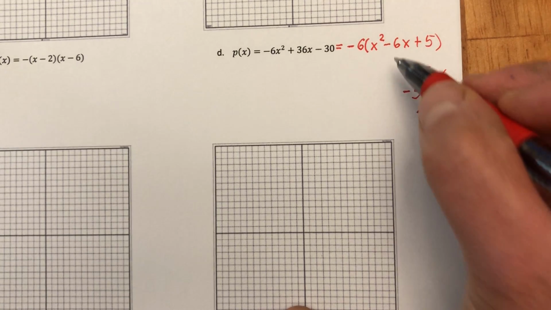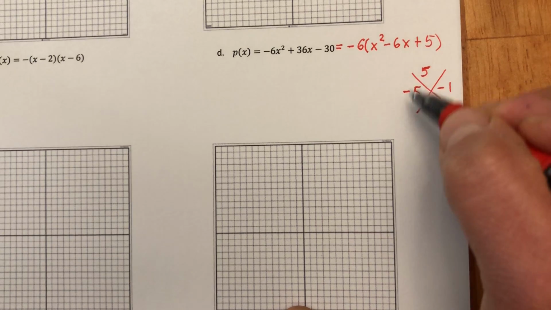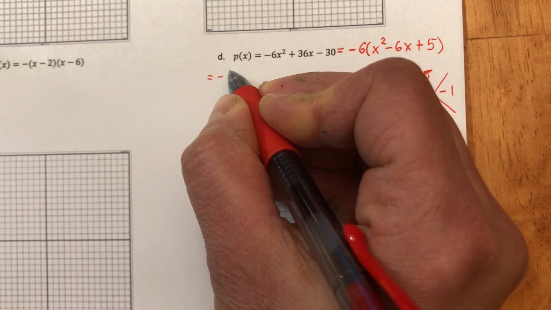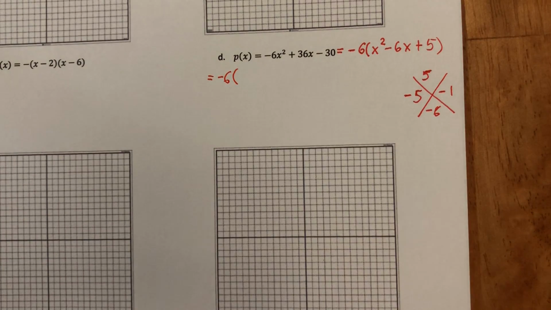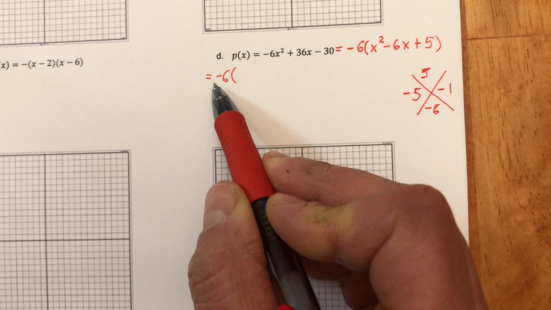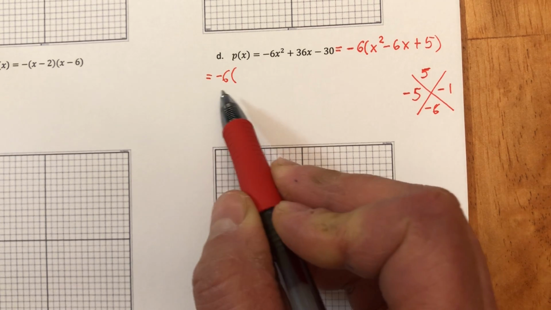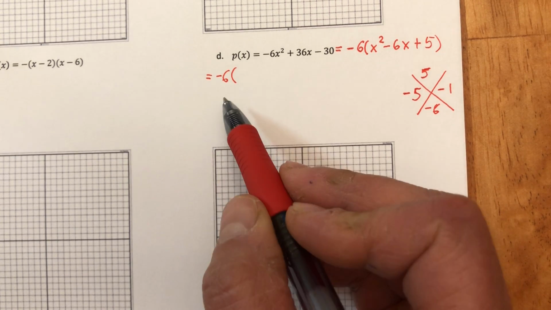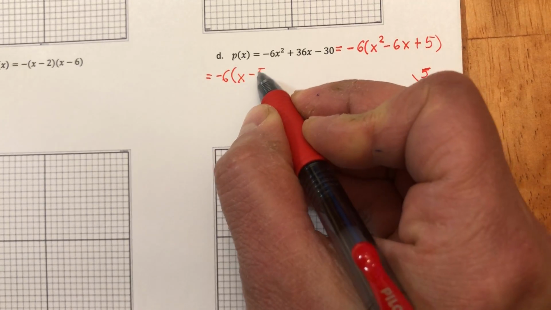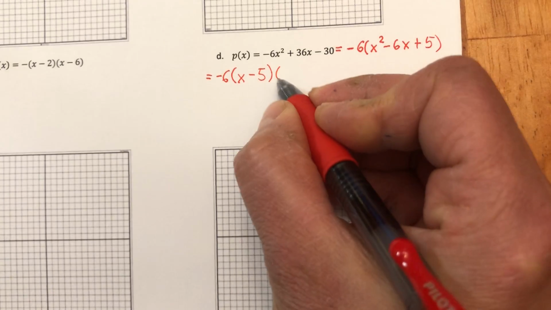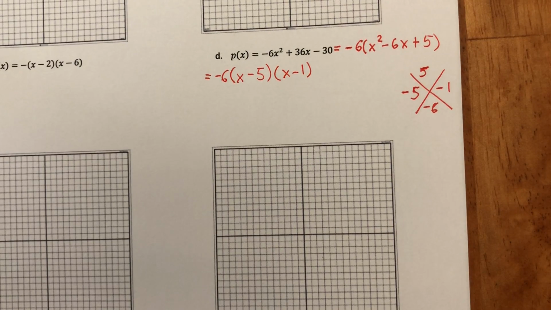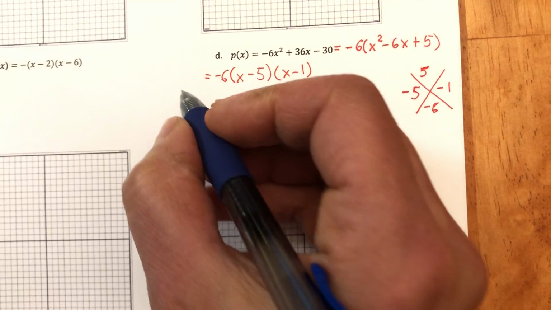So negative 5 and negative 1, I already noticed that I can use the shortcut. So I am going to have -6, that's the number that I factored, and you will see it is going to be important because it's negative. It is also going to do something with our parabola, you will see in a second. I am going to have x minus 5 and x minus 1.